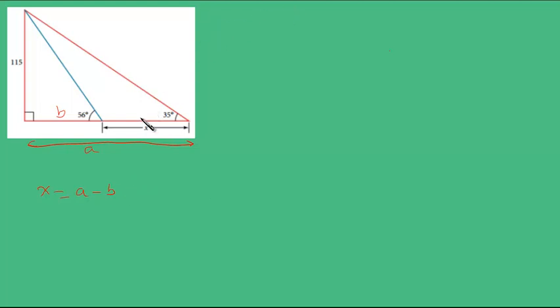To find A, we make use of the fact that the tangent of 35 is equal to 115 over A. So A is simply 115 divided by tangent of 35. That gives us a value for A of 164.224.